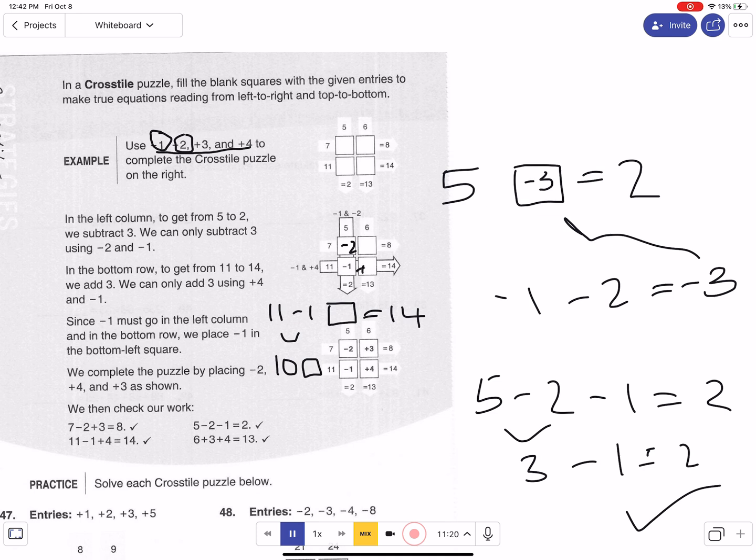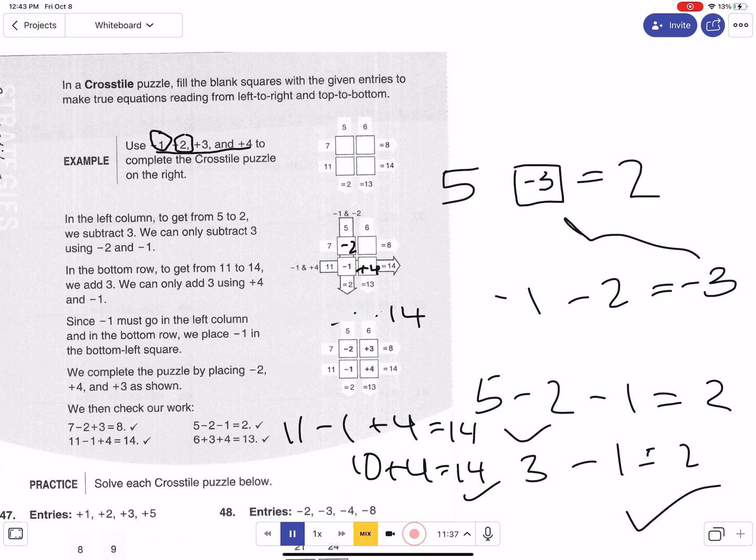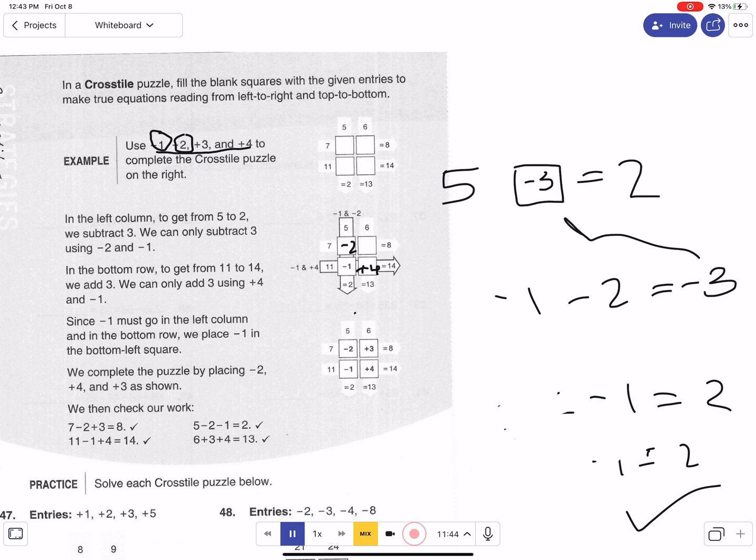So plus 4 would go in this box. Does that make sense? So 11 minus 1 plus 4 equals 14. Let's check if that's right. Yep, that's right. So plus 4 would go in that box. Hopefully everybody's good so far. We found 3 tiles so far, and we just need 1 more.